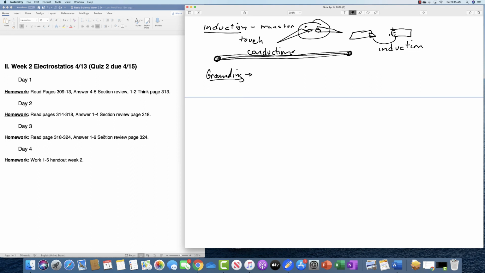You'll see that the purpose of a lightning rod is to protect people from lightning. In other words, the lightning strikes the rod and then is immediately grounded as opposed to causing damage. The next question, what device is considered an early type of a capacitor?